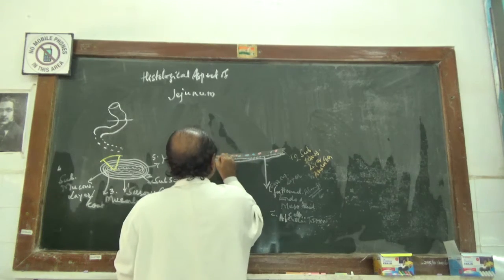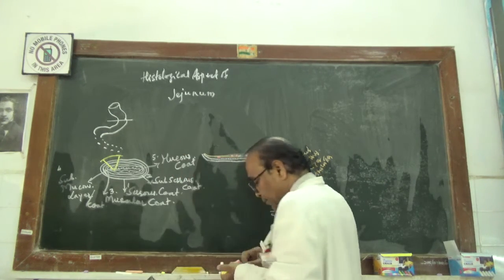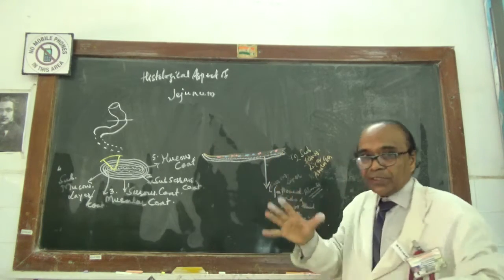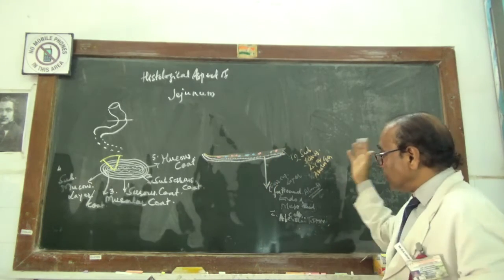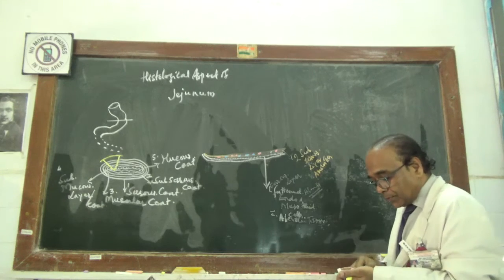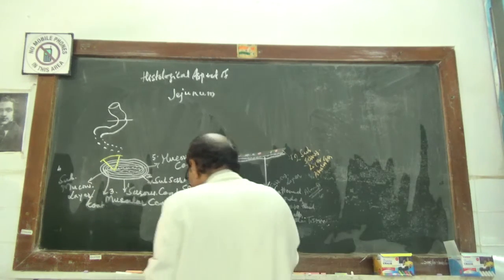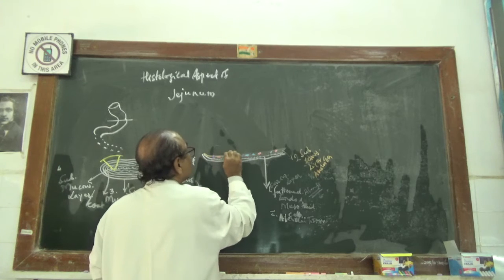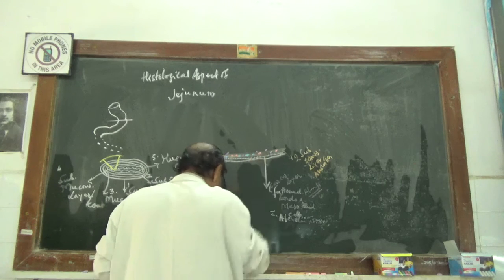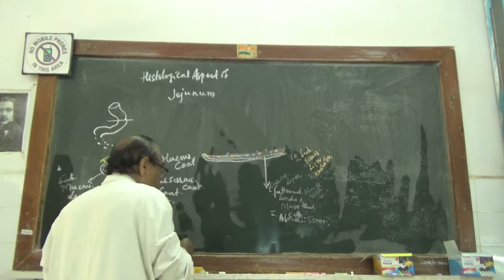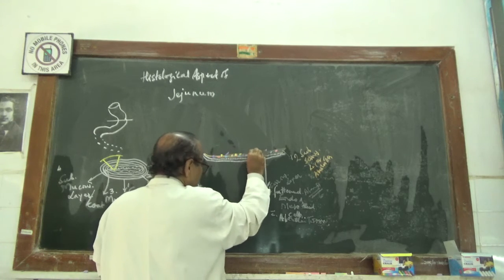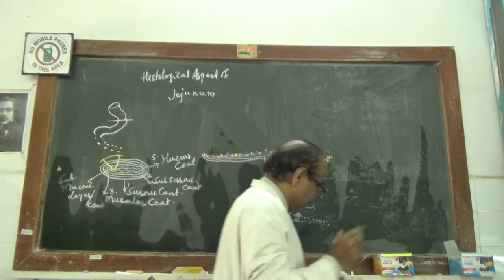So they are many, and even veins are also many, embedded in the areolar tissue with lymph vessels and lymph nodes. Then sympathetic and parasympathetic nerve filaments are also there.